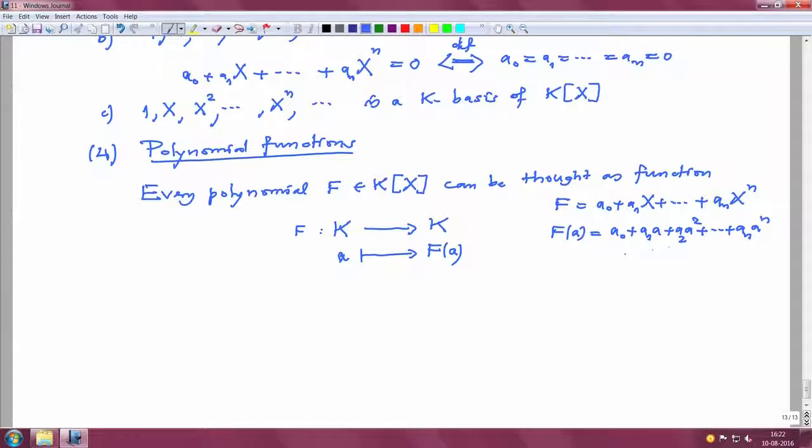This makes sense, and it is an element in K again because all coefficients were in K and we started also with a in K. So, it is a function from K to K.